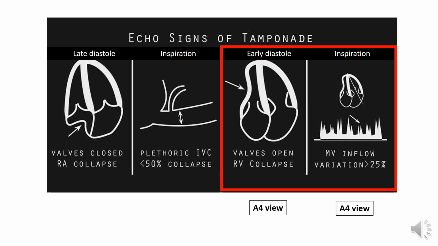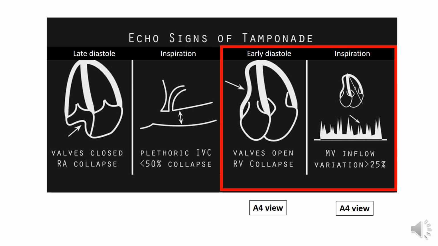The second sign is a reflection of the pathophysiological issue of pericardial tamponade, where the phenomenon of ventricular interdependence becomes exaggerated. This means when the patient takes inspiration, the right-sided venous return increases, while this couldn't happen on the left ventricle, where the pulmonary venous drainage is limited by the raised intra-pericardial pressure.